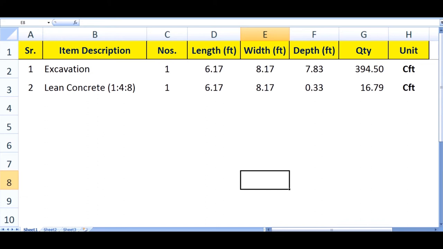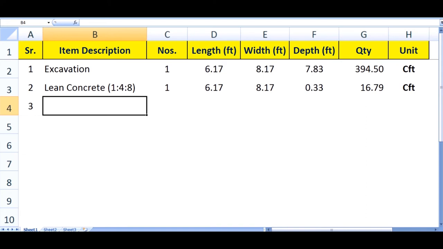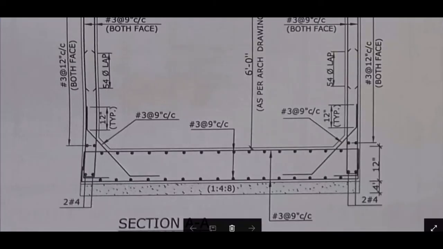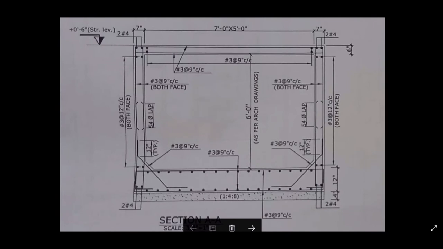After lean concrete, the third item will be base slab concrete. If you can see in the cross section, the dimensions of base slab, the dimensions of lean concrete and the dimensions of top slab, all dimensions are the same, just the difference is thickness.